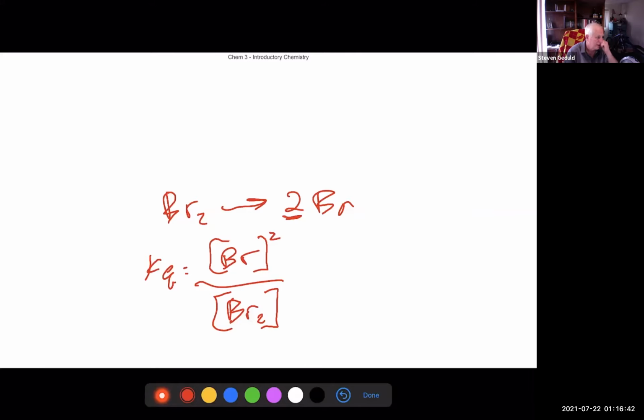All right, let's do an example where we have to actually use numbers. We can do some calculations here. It says nitrous acid ionizes in water, as shown in the equation below. At equilibrium, the concentrations are given. So nitrous acid, HNO2, dissolves to H plus plus NO2 minus.